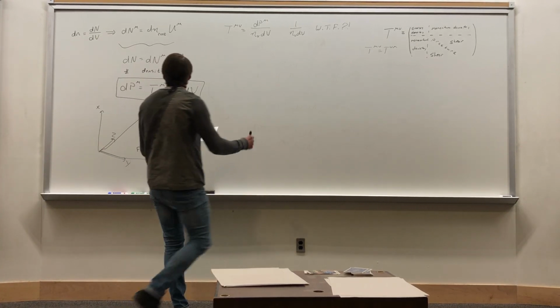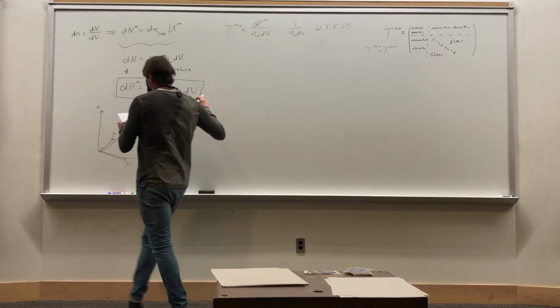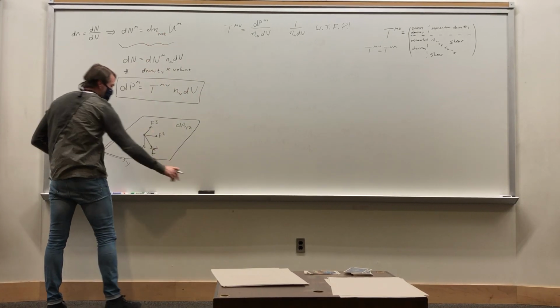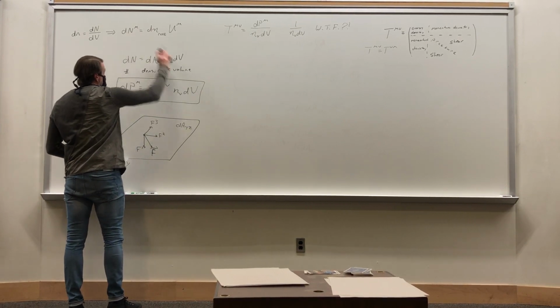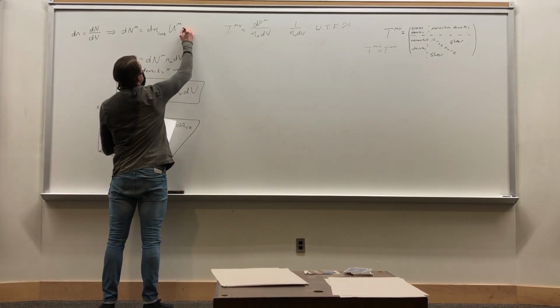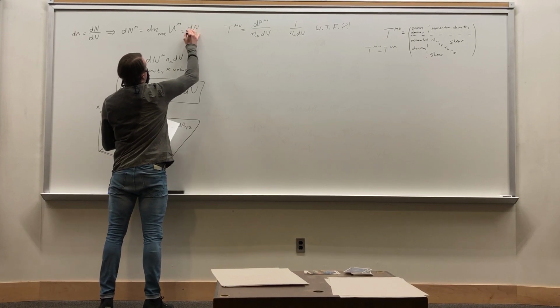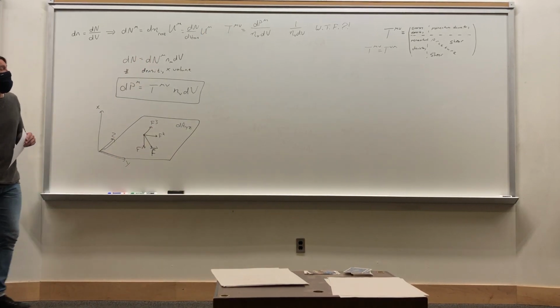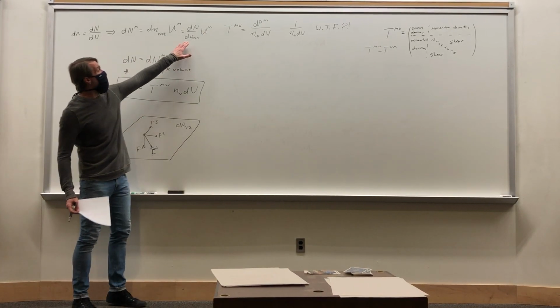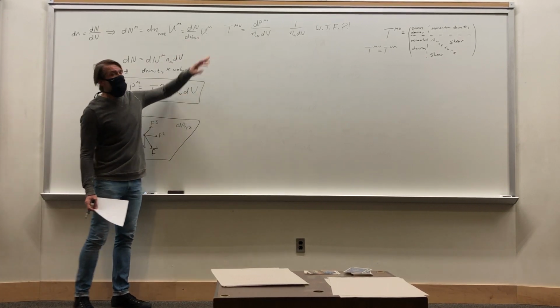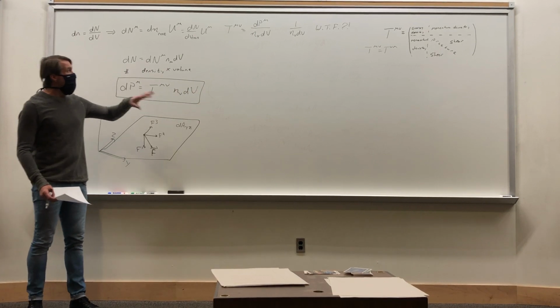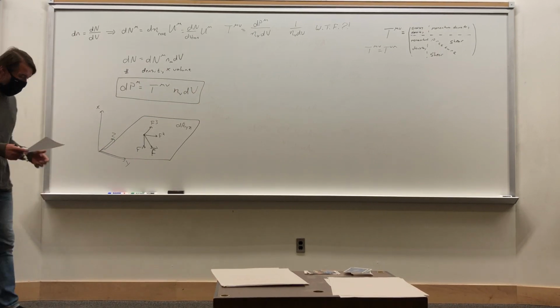So remember, d eta mu is equal to d eta rest times u mu, where d eta rest is just dn over dv rest, and then times u mu. So it's the number of particles in the rest volume. And then u mu is the 4 vector which connects whatever frame you're observing that thing in to the rest frame of that thing.